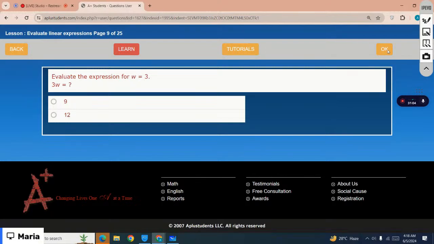So which is the correct option? Yes, that is 3 times 3. 3 times 3 is 9. The correct option is 9.